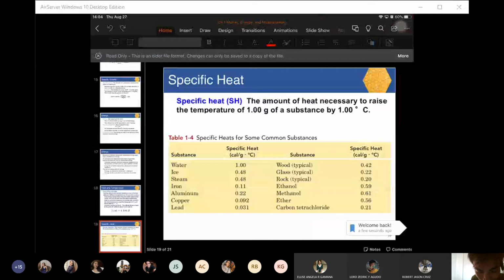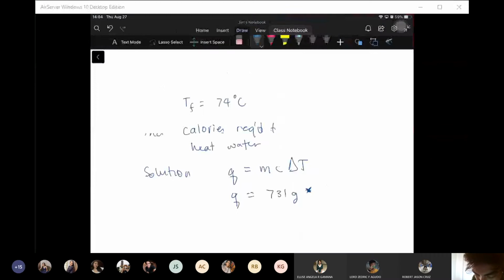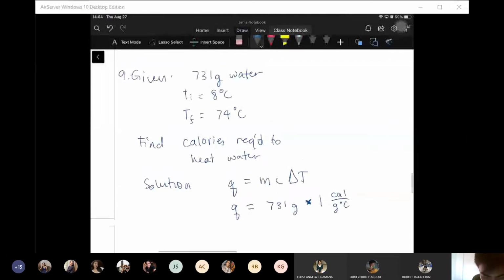So, the specific heat of water in calories is just 1, no? So, let's write 1 calorie per gram degrees Celsius. Ay, nainipan ko. Ayun, okay na.